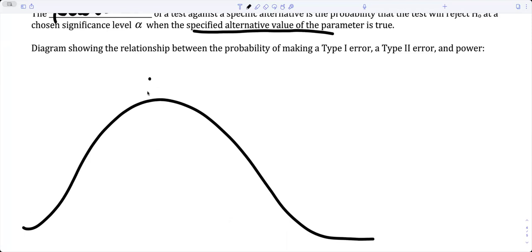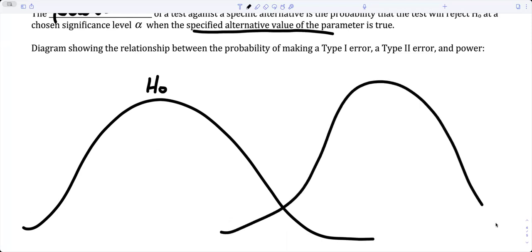Let's say that this density curve here represents the null hypothesis, and that this density curve represents the alternative. Okay, there's some point out here. We're gonna set this line at the Z critical value.